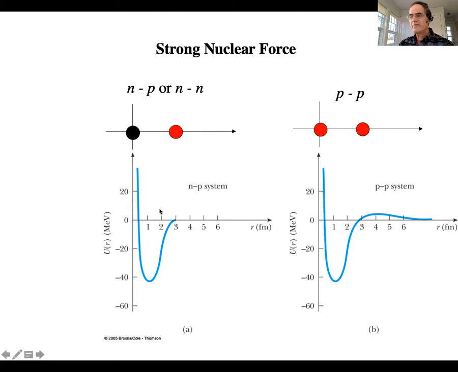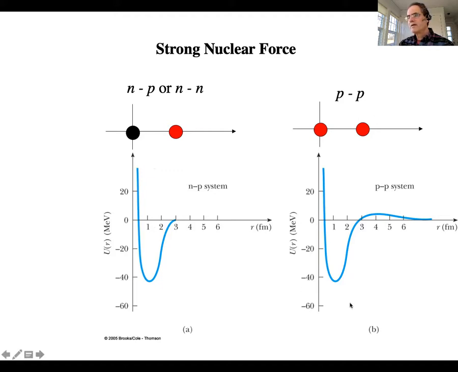But as this comes closer, there's a tremendously strong attractive force, and then a minimum, and then repulsive force. So this tremendously strong attractive force results in an equilibrium distance between the nucleons of about 1 femtometer.